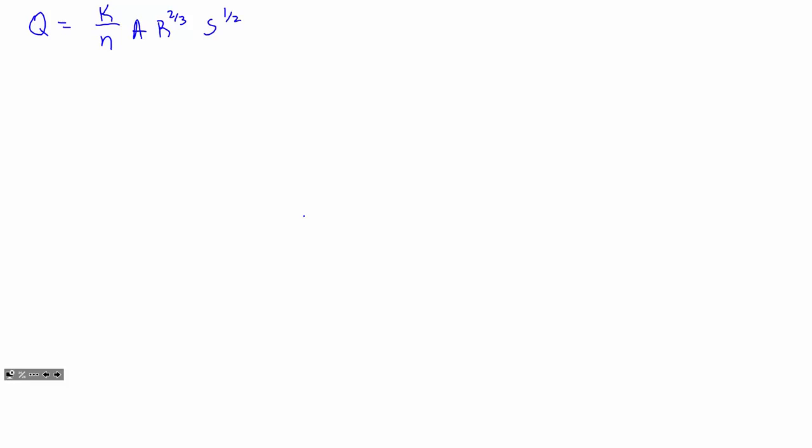This is going to be your bed slope or your friction slope in open channel flow. The problem statement wants velocity, not flow rate, so we can just divide by area. We end up seeing it's going to be K over n, R to the 2/3, S to the 1/2. Okay?